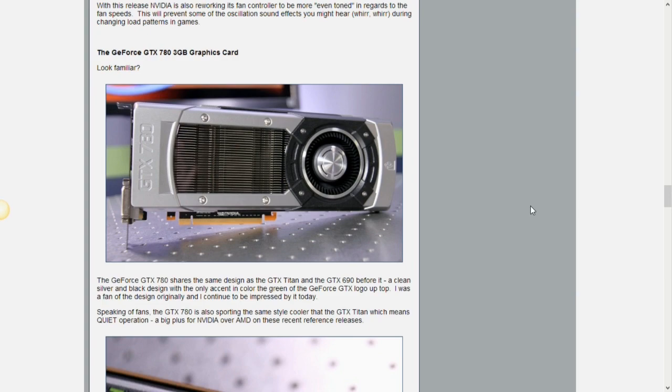But the 680 sells today for $440, $450. Let's just round to $450 because it makes the math easy. And now you're talking about a $200 difference. So there's a pretty sizable gap between the 680 and the 780, and then the 780 and the Titan.